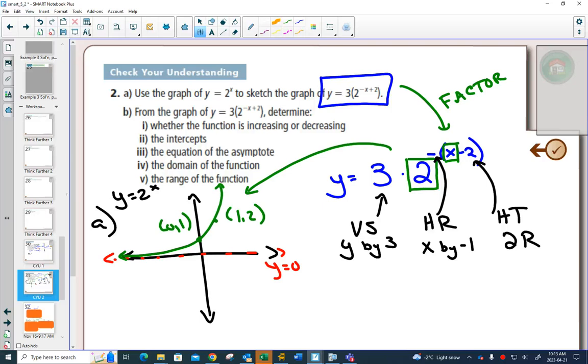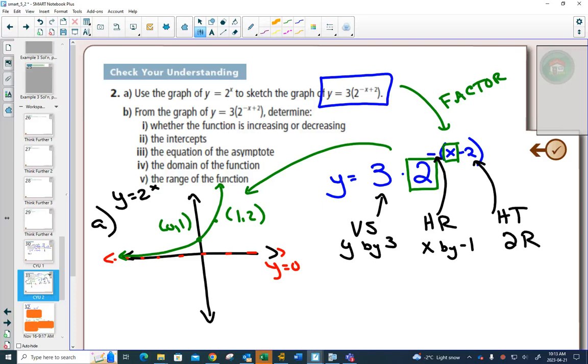But order of operations say you have to do exponents before you multiply. So you are not allowed to multiply the 3 times 2 and get 6 because you haven't actually done all of the exponents that are there, the negative, the x, the +2. In fact, we can't do them because one of them is a variable. So you are going to be tempted to multiply, but that is not allowed because it's not following order of operations. So there's the setup.